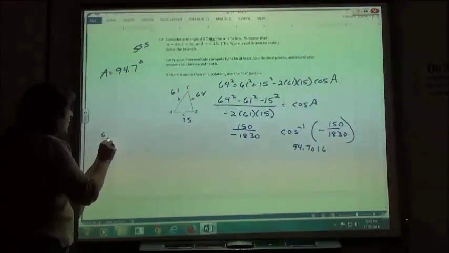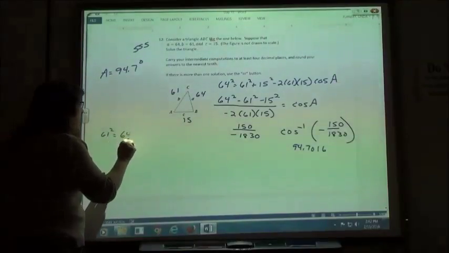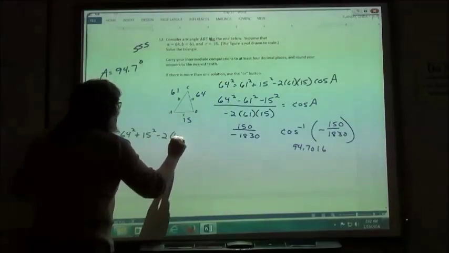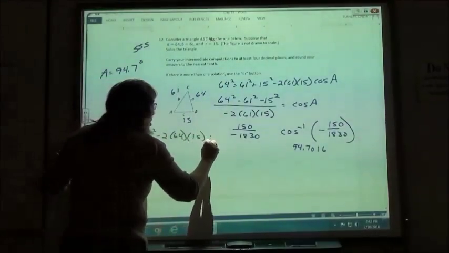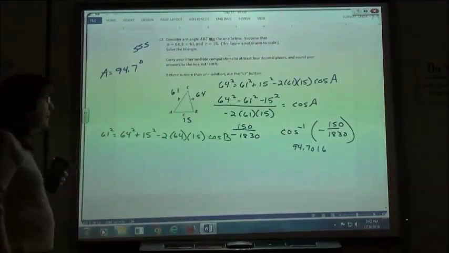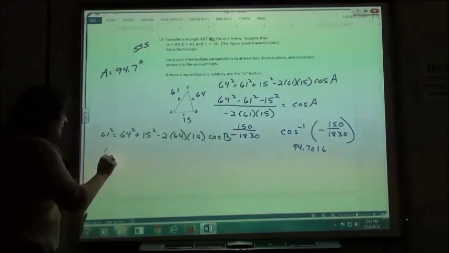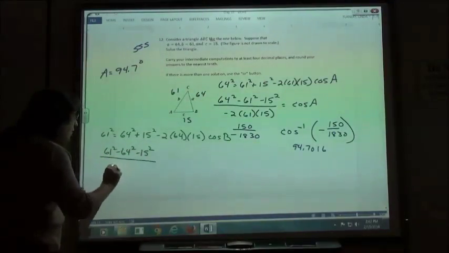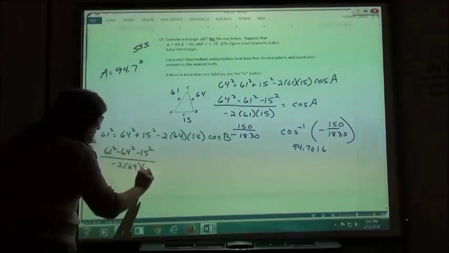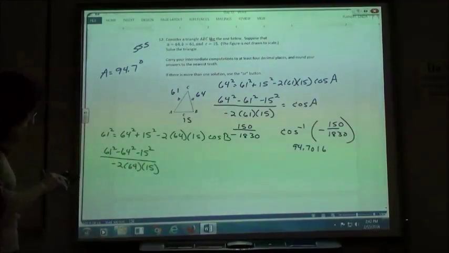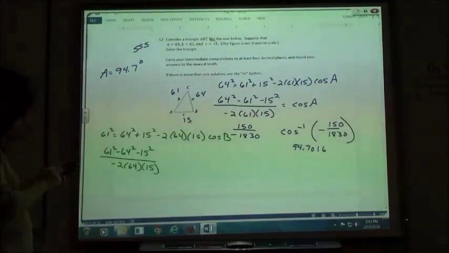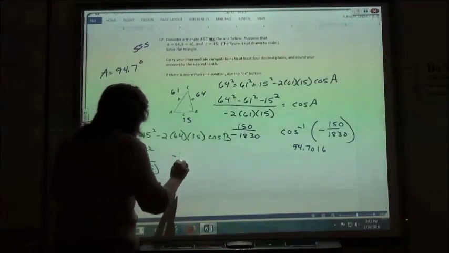B, 61 squared equals A squared plus C squared minus 2 times A times C cosine of B then. So same kind of thing, rearranging: 61 squared minus 64 squared minus 15 squared over negative 2 times 64 times 15. So 61 squared minus 64 squared minus 15 squared is negative 600.